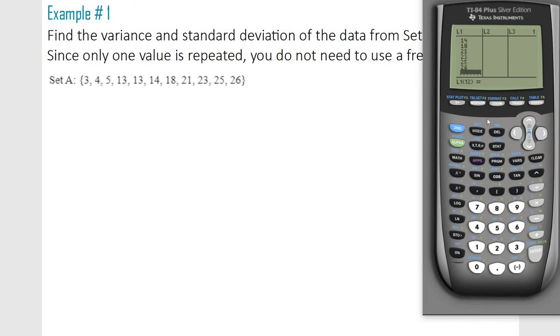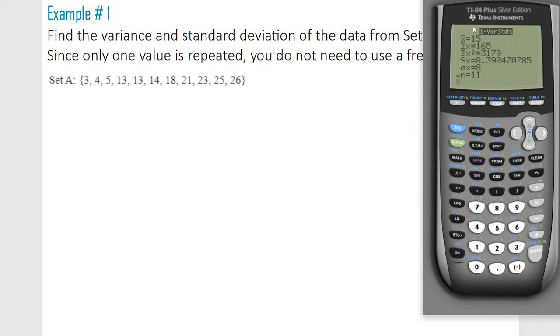There we go. Then we're going to do the same thing we did before and go to the calc function and do our one variable stats. Our frequency is just 1. We don't put anything for the frequency list.